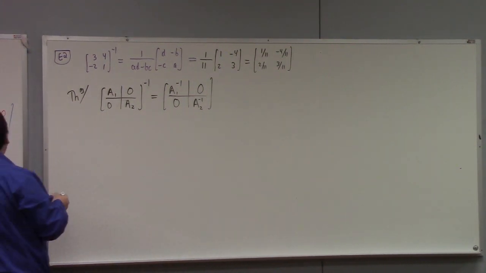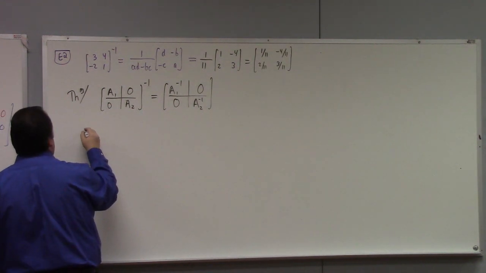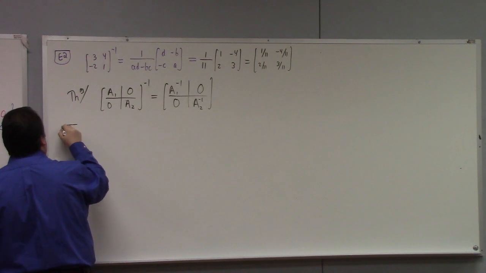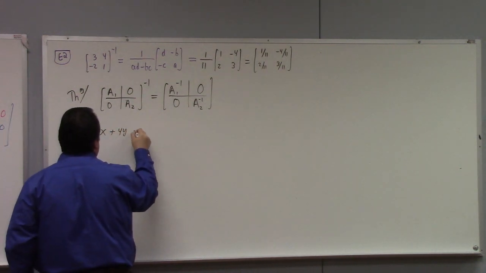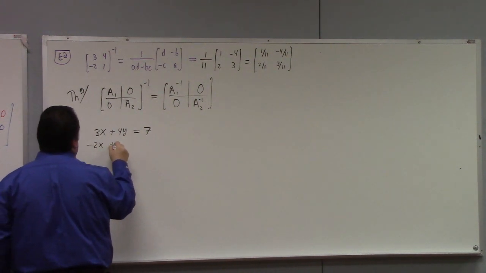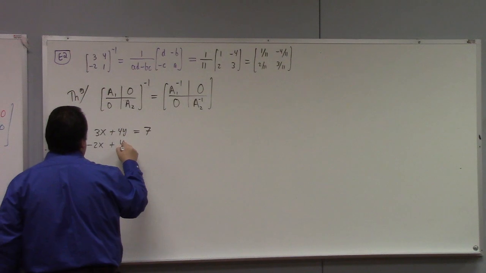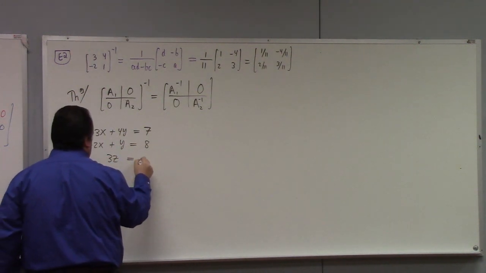Let's continue example 1 a little bit more. So like example 3, suppose I'm solving 3x plus 4y equals 7 and minus 2x plus y equals 8 and 3z equals 9.